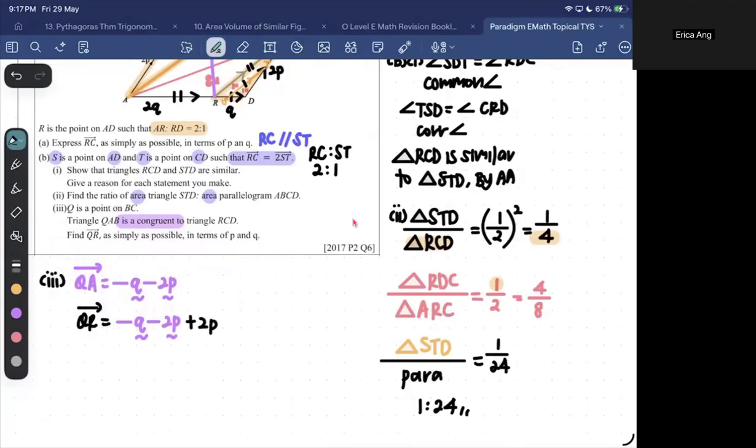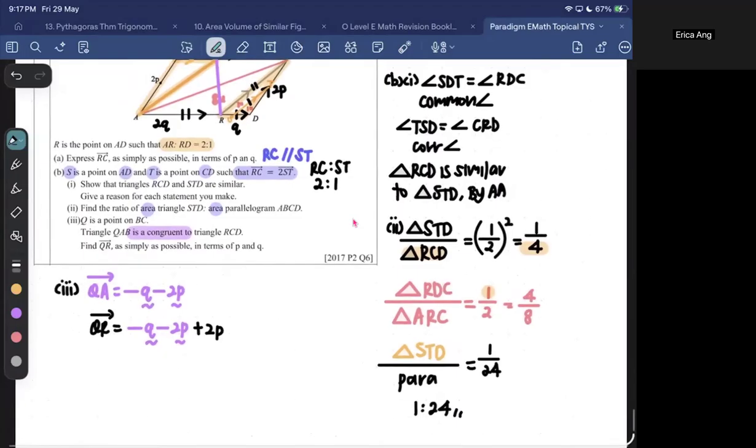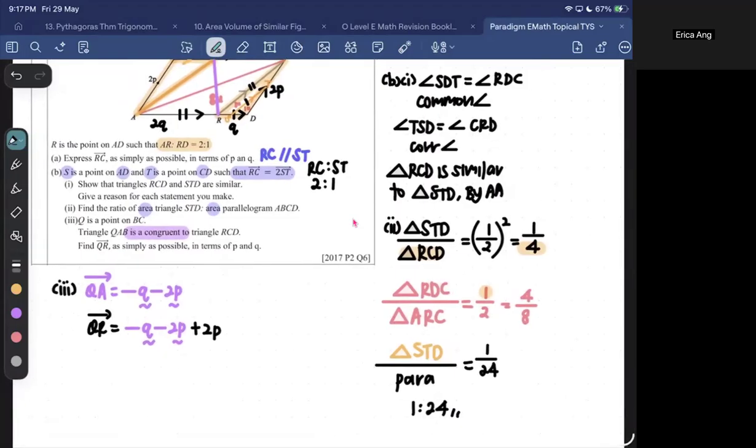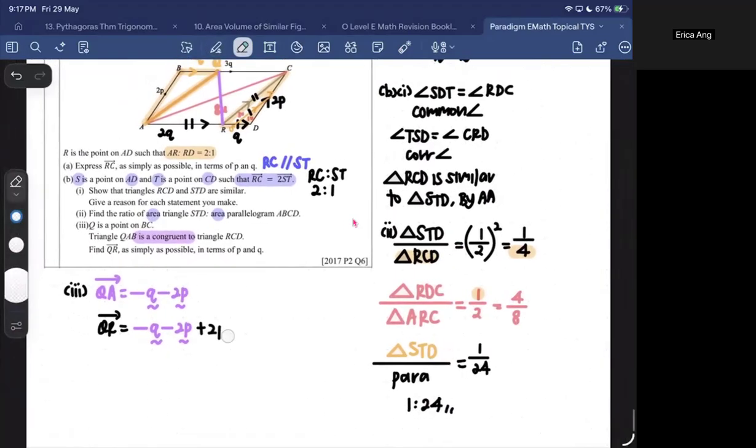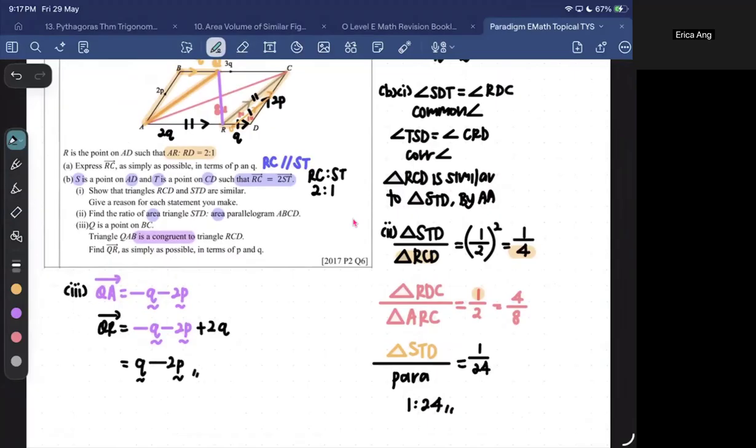So at the end of the day, oh wait, AR is 2q, sorry, 2q, right? So here will be q minus 2p. Okay, so this is what we have.